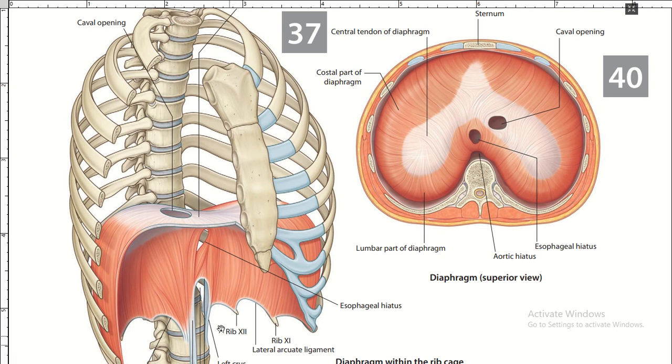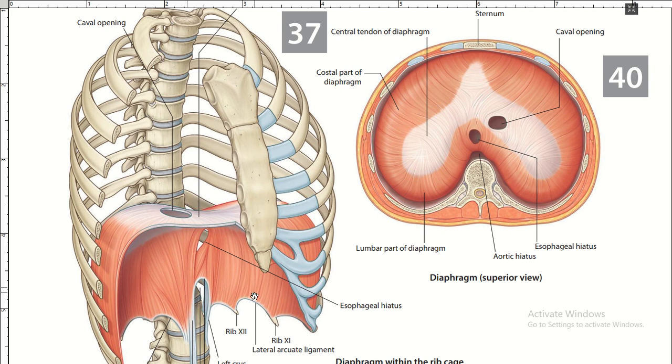You're going to find that blood in the inferior vena cava will be constricted or exposed to high pressure in the abdomen, so this will propel it towards the thorax.